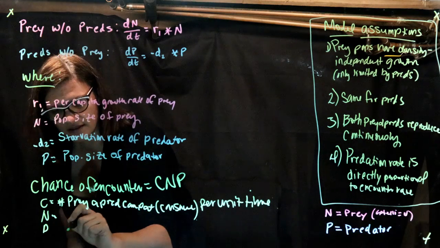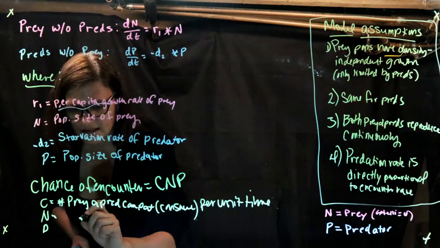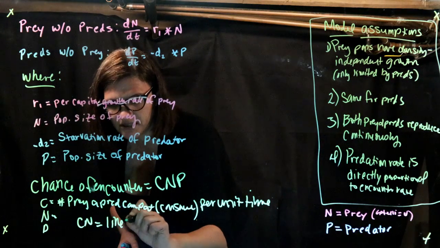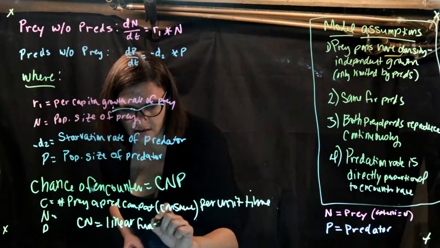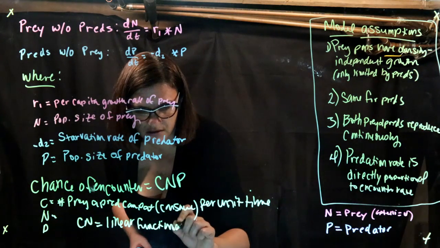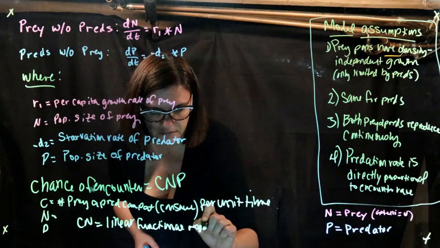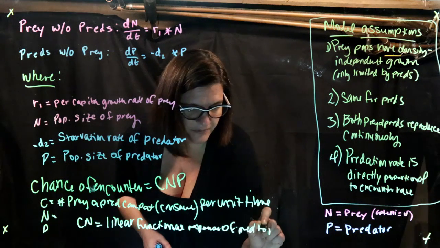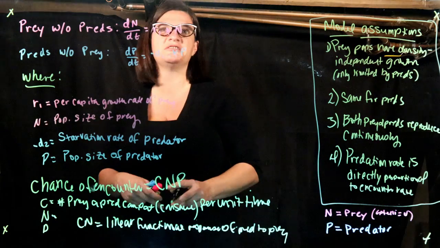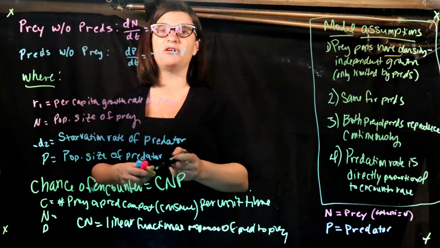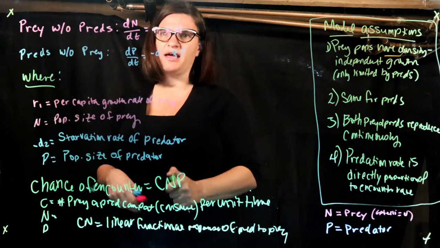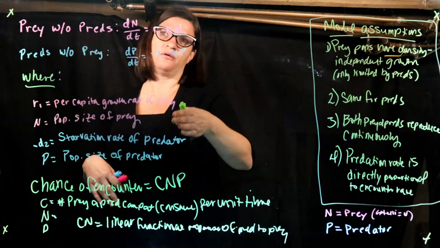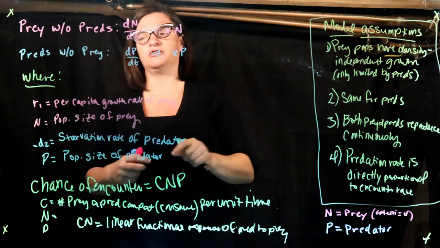CN is the linear functional response of the predator to prey. We're going to be talking about functional responses at the end of this lecture series on predator-prey dynamics, but just keep in mind that right now what we're talking about is a linear response. So adding one prey has a linear effect on the predator populations.